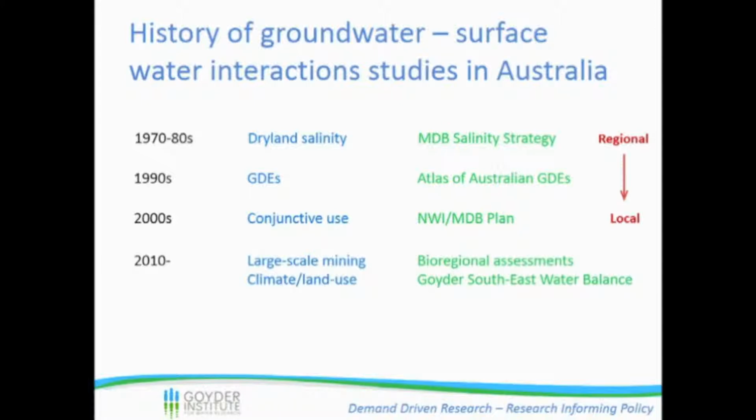Now, if we look at the kind of problems that we're looking at now, the impact of large-scale groundwater pumping for extraction of coal seam gas, or looking at the impact of climate and land use change on water resources, my proposition for you today is we should make an effort to move away from looking at the local scale and perhaps use some of the lessons that were learned in the early days of dryland salinity when the emphasis was regional.